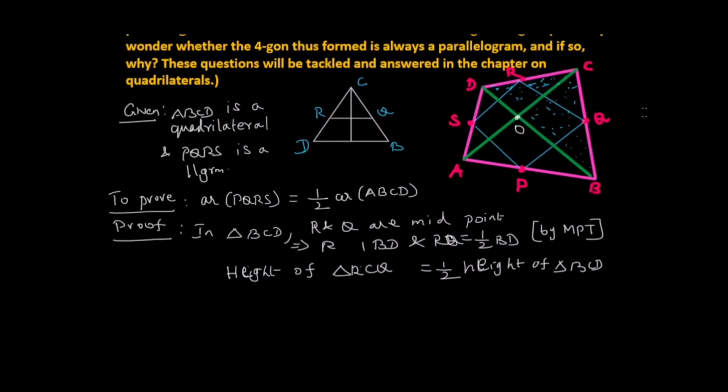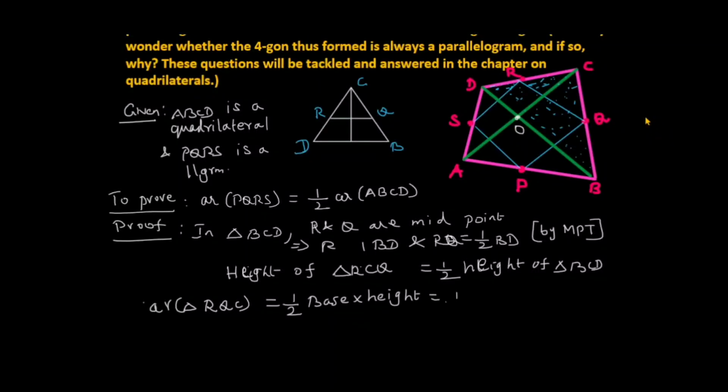So we consider only one triangle, BDC. In that, the side RQ is half of BD, and the height of triangle RQC is equal to half of the height of triangle BCD. Now, we find the area of triangle RQC, which is half of base into height.